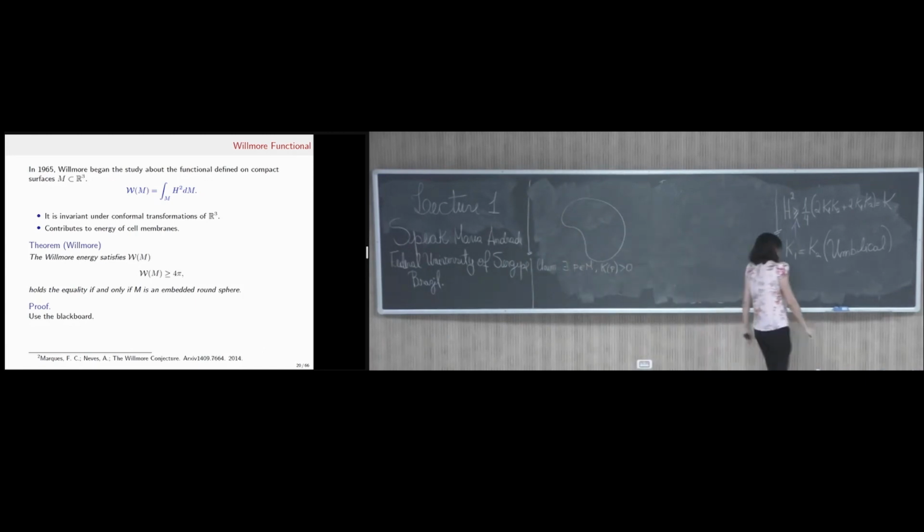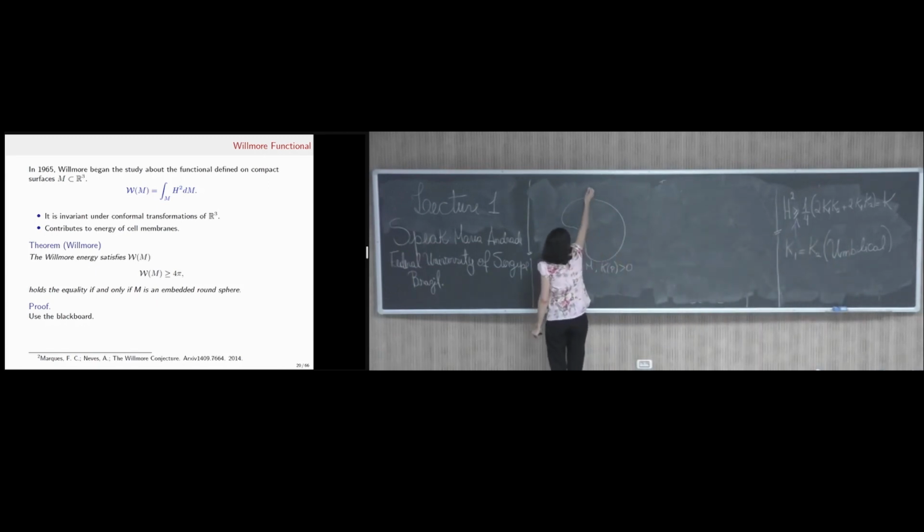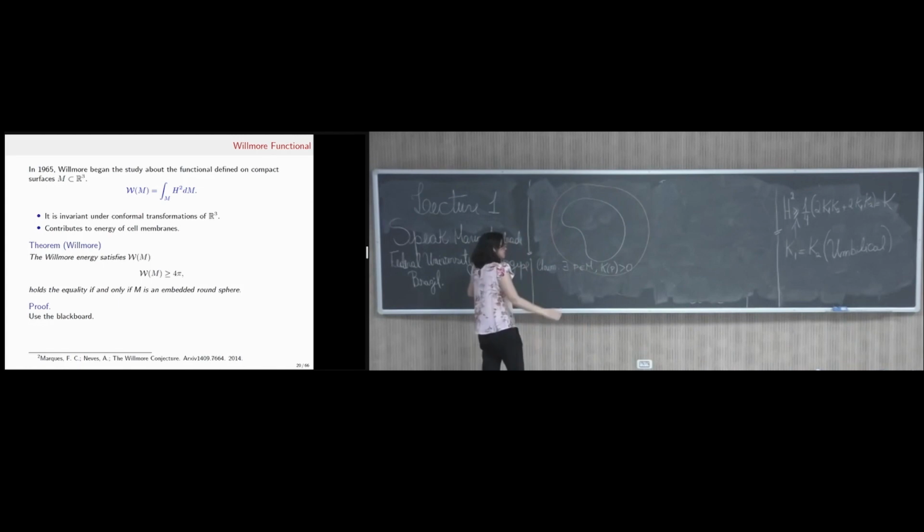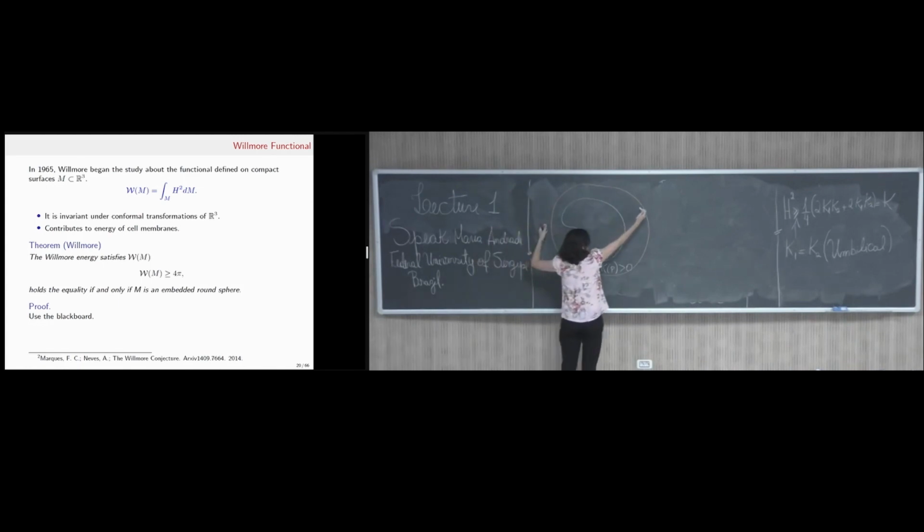Okay, how do you prove that? If the surface is compact, you can choose a big sphere and decrease the radius of the sphere, and at some point the sphere will touch the surface like this.